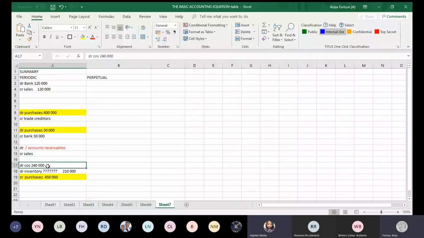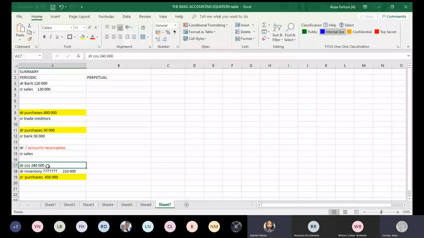The cost of sales is the 240 that we calculated in B, in the gross profit. I see here there's sales where they added the 120 plus the 240 and got the 360, but where's the 240 coming from? That's what confuses me.